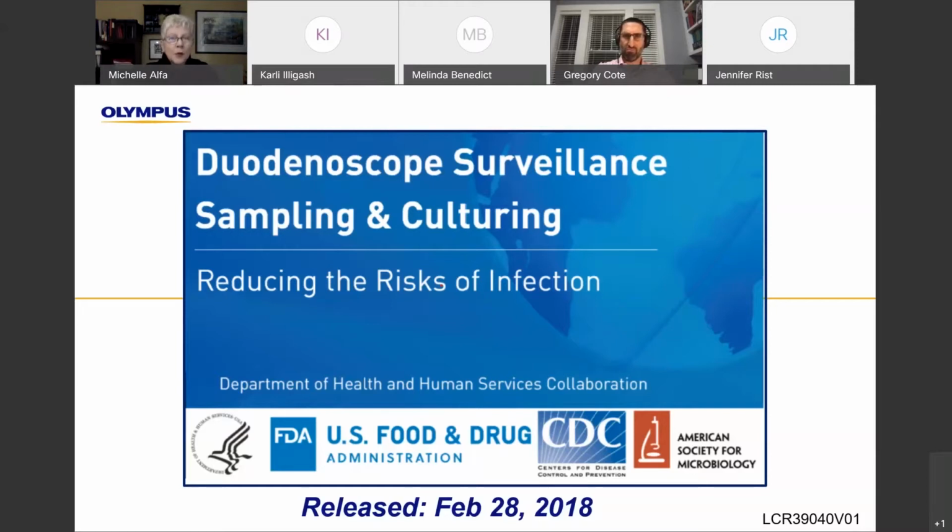I think it's important that people realize that ATP testing is not designed to detect low levels of organisms, and at this point it definitely is not a substitute for culture. In fact, there is a section in the FDA protocol that addresses this, and the reason is that it does not detect low levels of organisms. You need about 1,000 colony forming units for it to give one relative light unit. That's just not sensitive enough at this point in time.